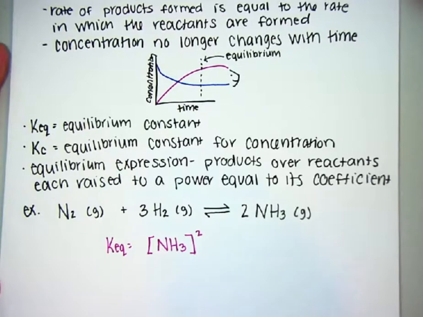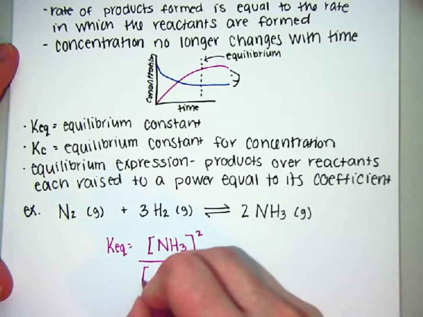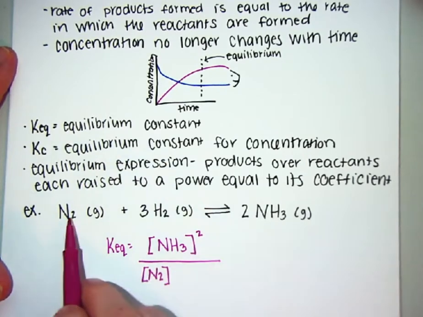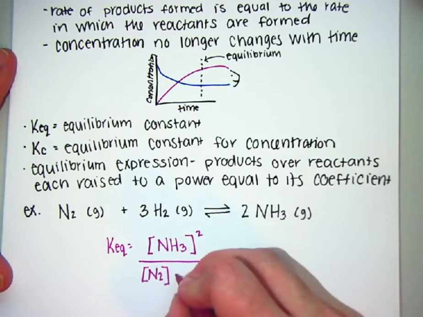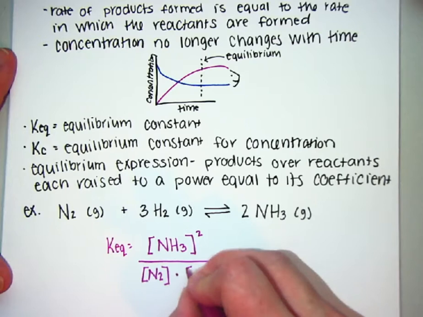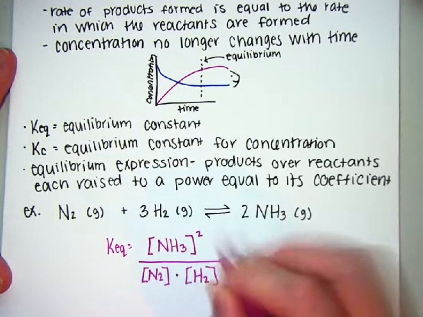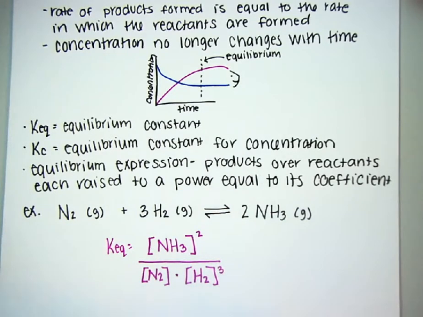So a concentration of ammonia squared divided by the concentration of nitrogen. Nitrogen does not have a coefficient, so it doesn't get an exponent, times the concentration of hydrogen. It has a coefficient of 3, so we would raise it to the third power.